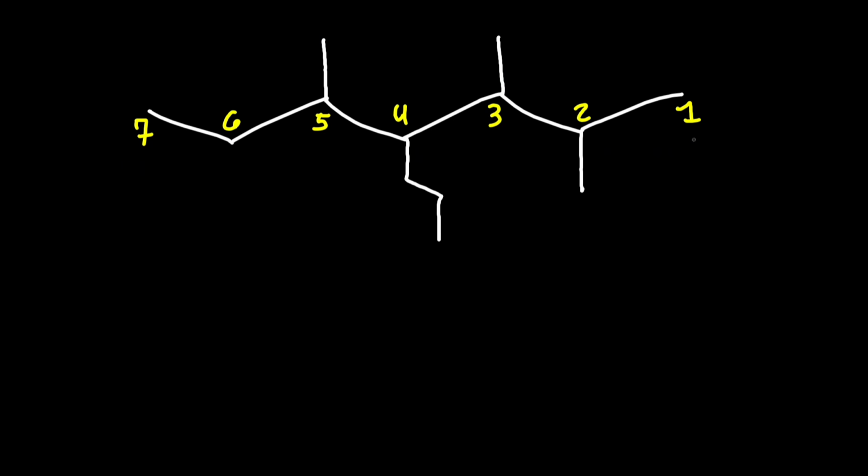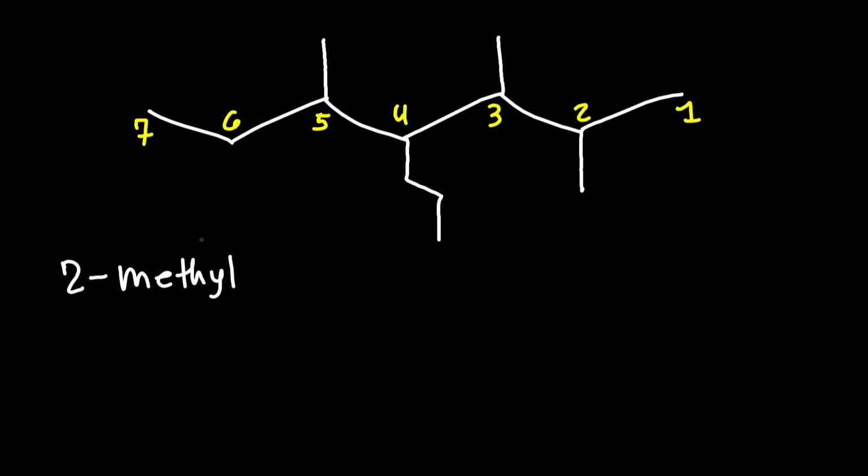And our counting would be also something like this because our first substituent is on carbon number 2. And now that we have that, let us now name every substituent, starting with the second carbon atom that has substituent. It only has 1 carbon atom, which is methyl.